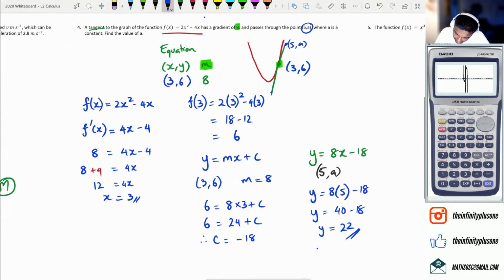Therefore, a is equal to 22. So that is pretty much how we end up doing question 4.